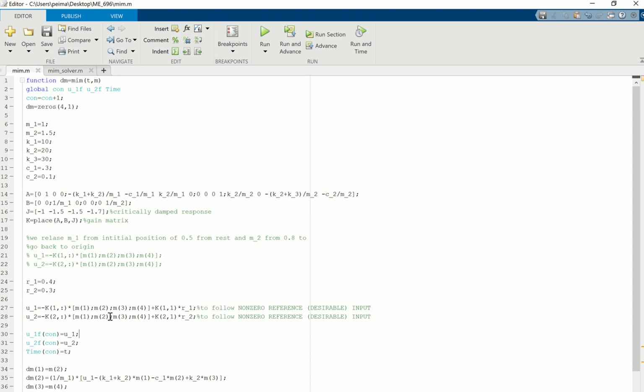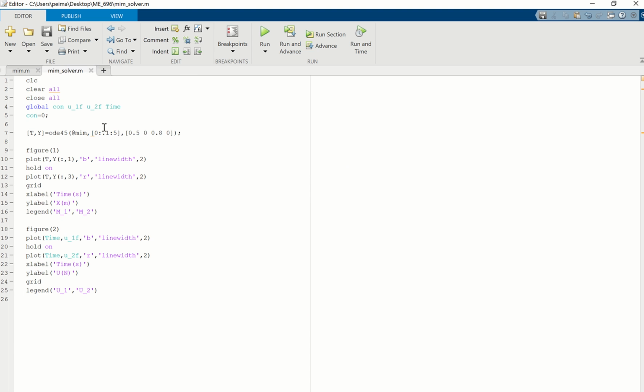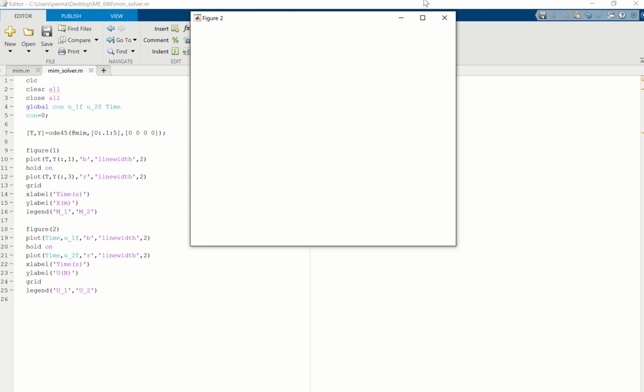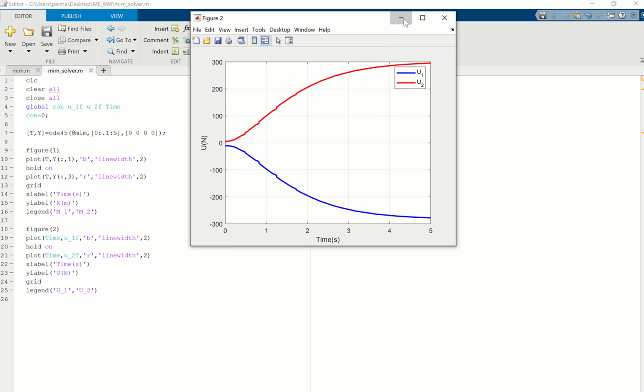So now by having these, let me see if the controller works. Here I'm starting from 0 and 0 because the system is at rest. Now I'm going to design a controller to push it to non-zero positions, mass 1 and mass 2. Let me first try it.